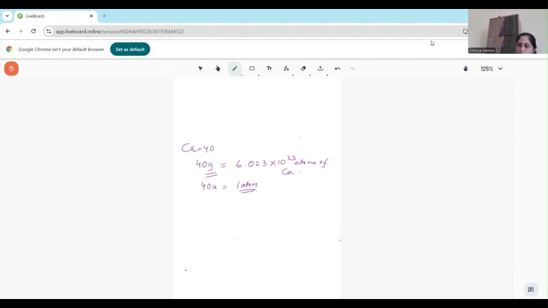So this was one of the NEET questions. Similarly, students, one more question. This is also one of the competitive exam questions. Which one weighs most?